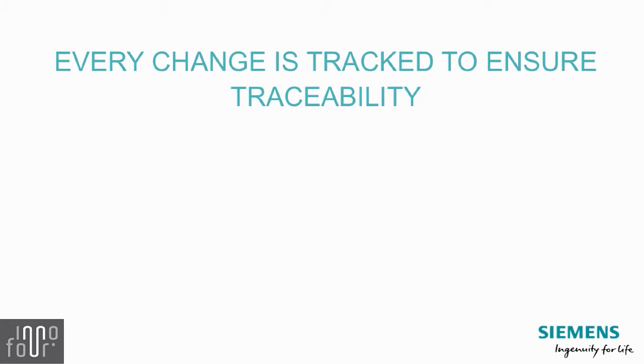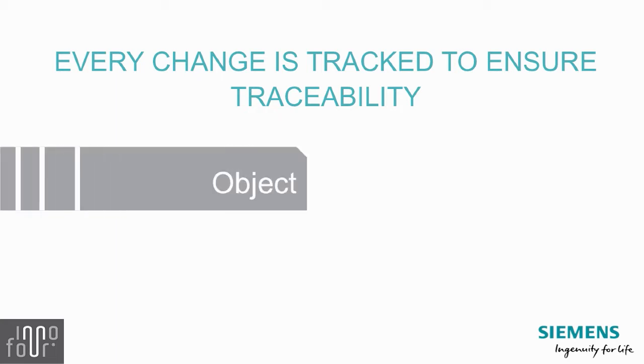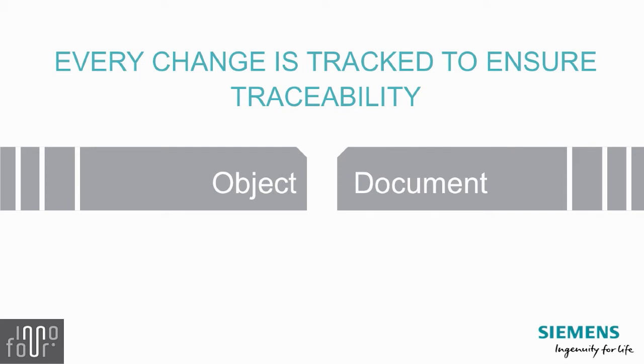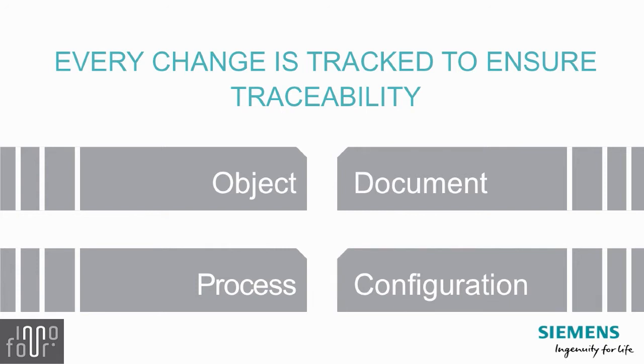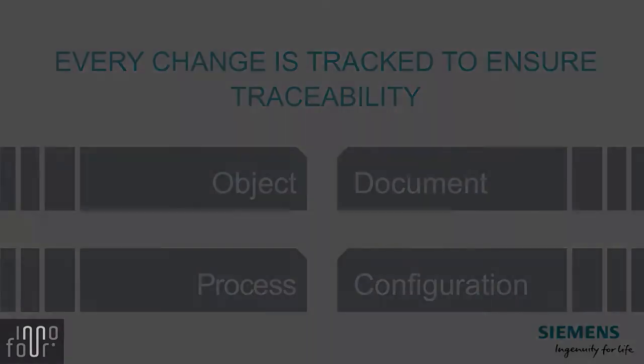The automated history logs every change to every artifact in the system, whether it's a granular object like a requirement or a change request, an entire specification document, a report page, a workflow process, or a configuration change. It's even possible to explicitly define traceable resources, such as a specific function in a source code file.